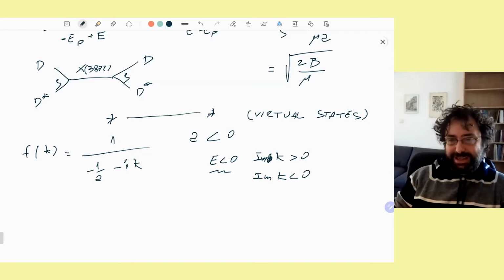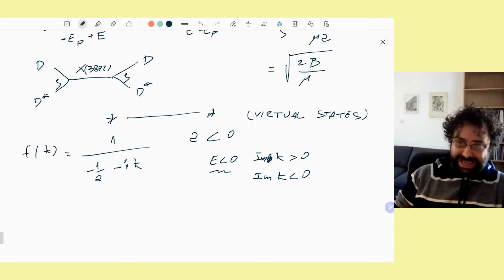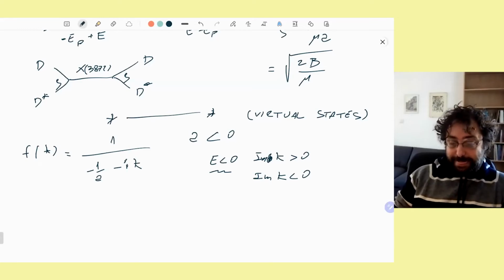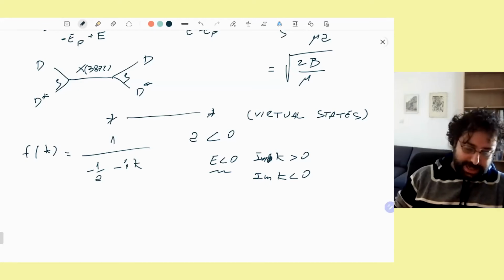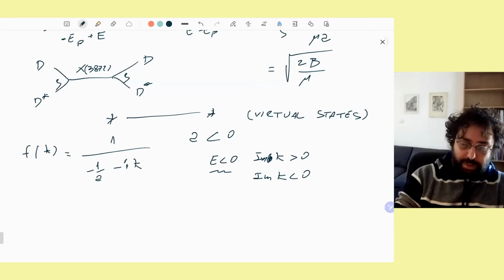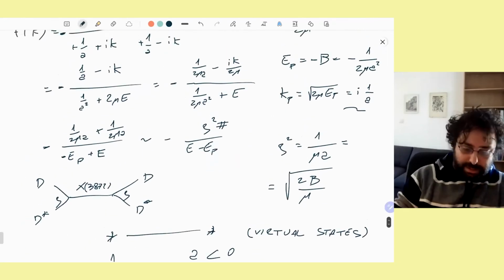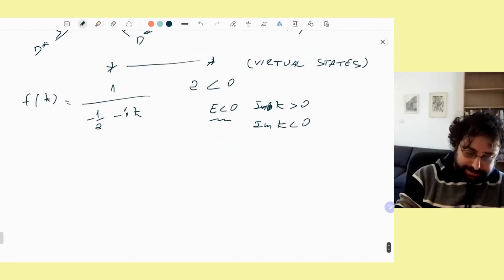Okay, so square root brings conventions, so you always pick the solution with plus I, basically. But you can wonder what happens if you go to the so-called second Riemann sheet of the square root. And in this case, you still have a pole, and you can see that you can still calculate things.